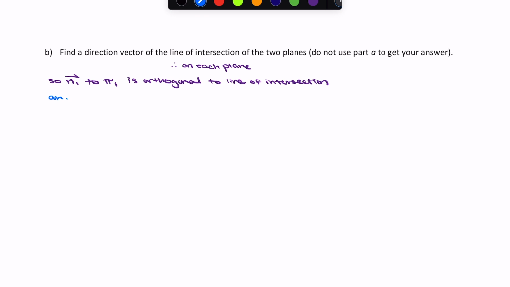And we also see that the normal of the second plane, plane number two, is also orthogonal to the line of intersection.